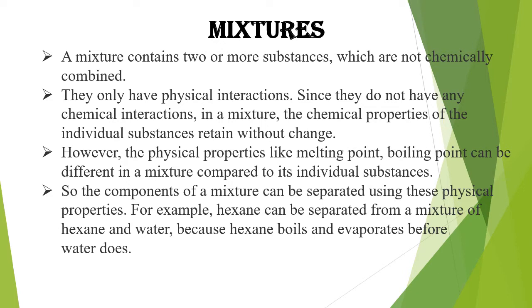Since they do not have any chemical interactions in a mixture, the chemical properties of the individual substances are retained without change. However, physical properties like melting point and boiling point can be different in a mixture compared to its individual substances. So the components of a mixture can be separated using these physical properties.